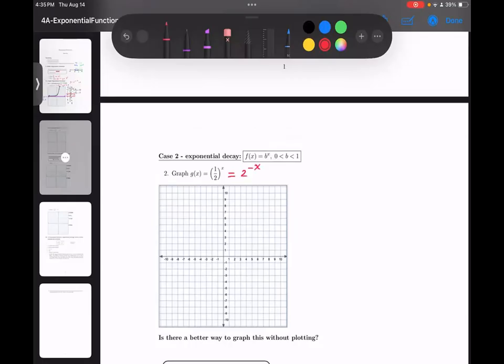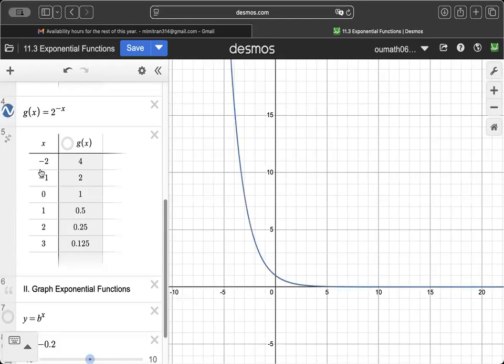Okay, you know that it's going to be a decaying case. Let me show you how it looks on decimals. Again, when x equals 0, y is 1. And again, that would be our focus point.